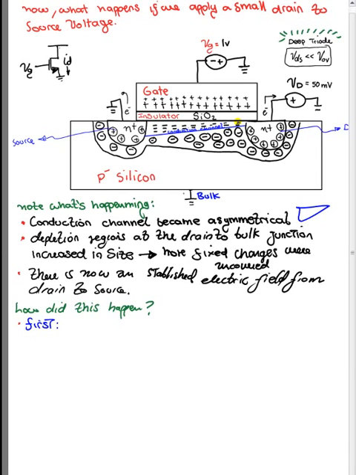So some of the electrons that were here were swept to the left because of this higher potential. They were repelled by it, and so that's what creates that effect.